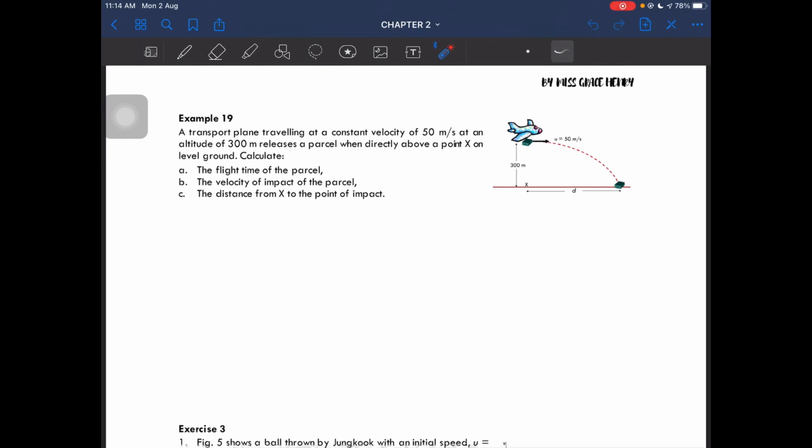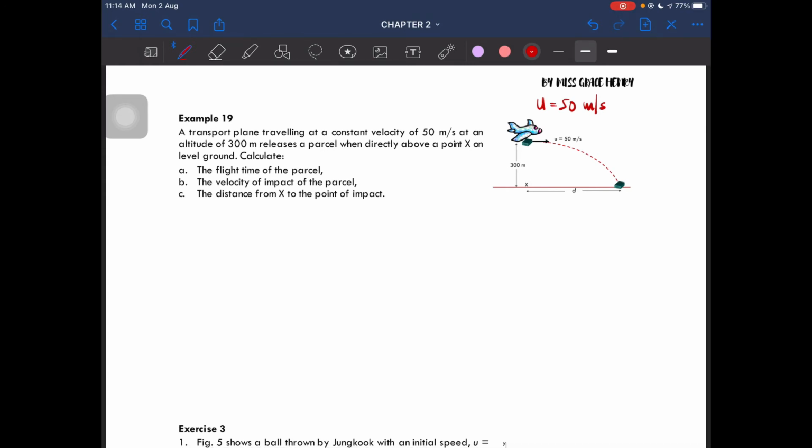Okay, now we know that the plane's velocity, which is equal to 50 meter per second, would also be equal to the parcel's velocity. Yes, the parcel is inside the airplane, so how could it be any faster?